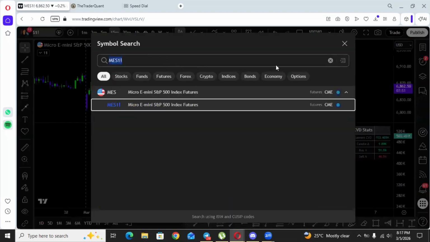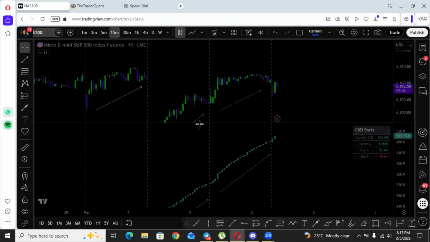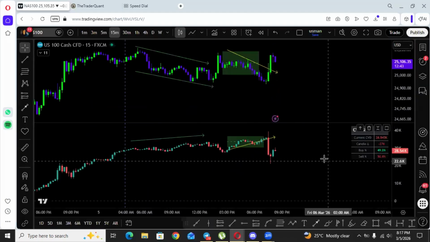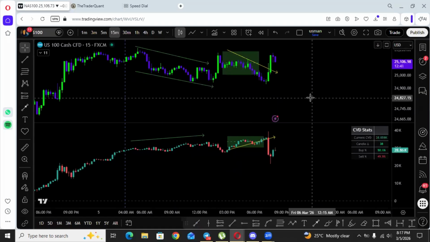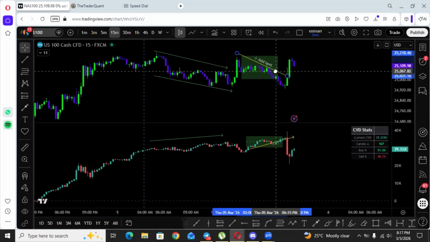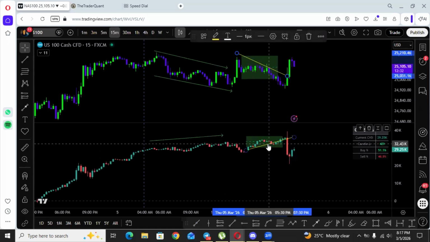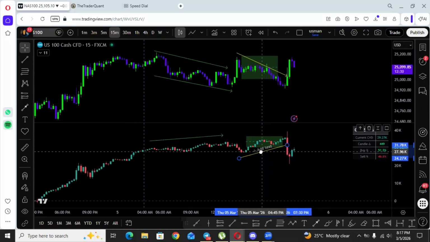I have shared this analysis in the group earlier, and let's open this. What is happening in this area? So what was happening at this point? Let me move this arrow down. NAS 100.